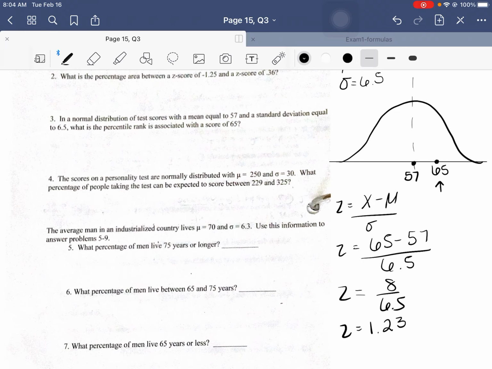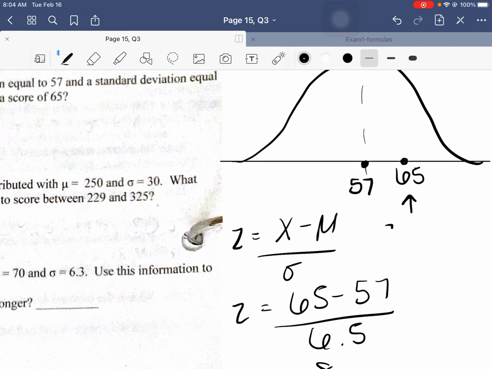So this is asking for the percentile. I'm going to go ahead and mark this off as z equals 1.23.